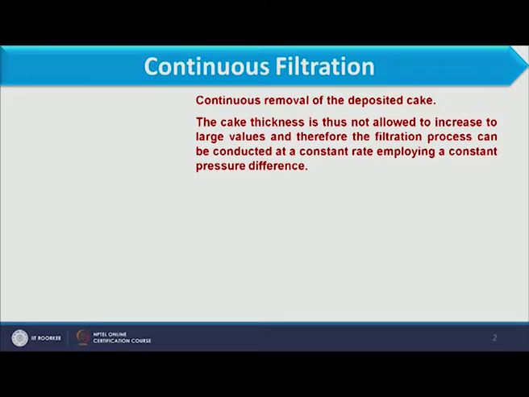Therefore after some time the volume of filtrate which passes is reduced, and as the thickness of the cake increases, the volume collected as filtrate decreases. So, that rate of filtration cannot be maintained, and to maintain it we have to increase the pressure.